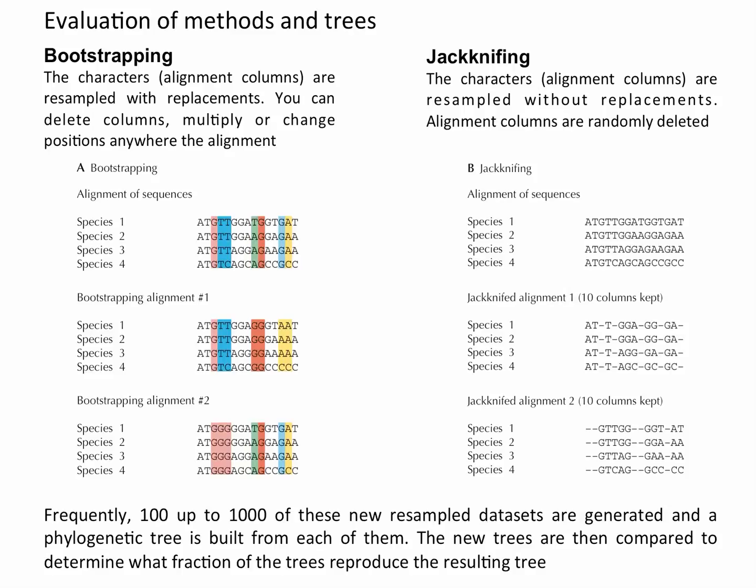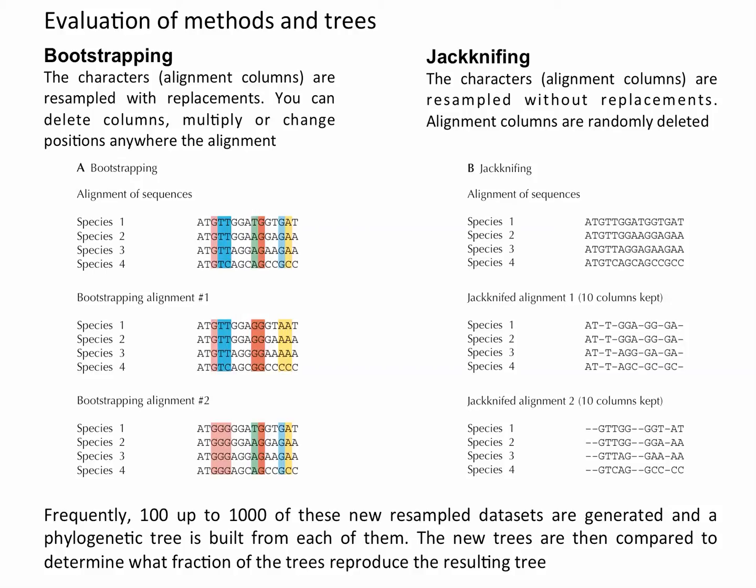How do these methods work? One approach to assessing how well a tree represents all the data is to resample the data repeatedly and reperform the phylogenetic analysis to see how often the same result is obtained from these resampled datasets.